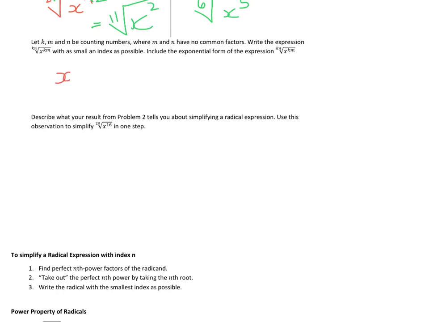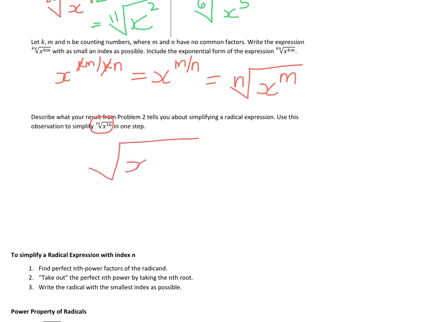So again, what we were doing is looking at the exponent divided by the index, canceling out the common factor, and then rewriting in radical form, where the denominator is always the index. Okay, and then that's what we were saying up above. In one step, you can just take out that common factor and really expedite the whole process.